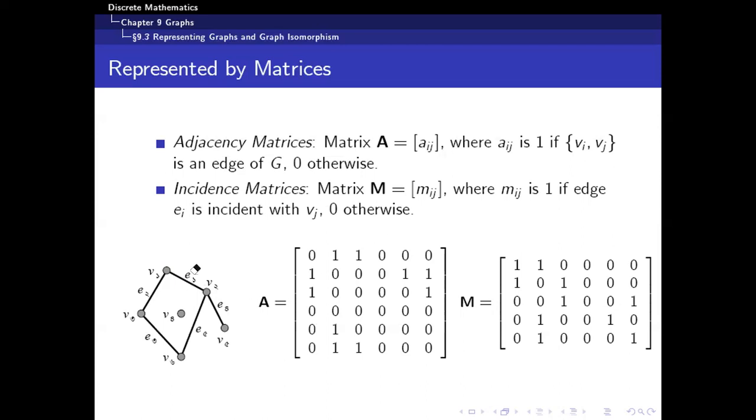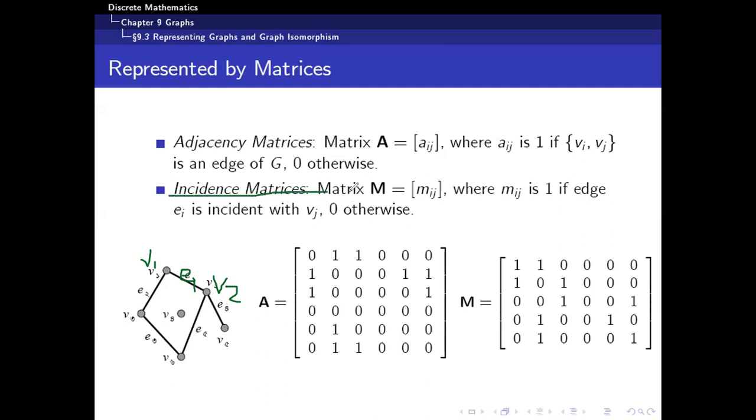For example, this is E1. So E1 is connected to whom and whom? E1 is connected with V1 and V2. Clear? Is it clear?